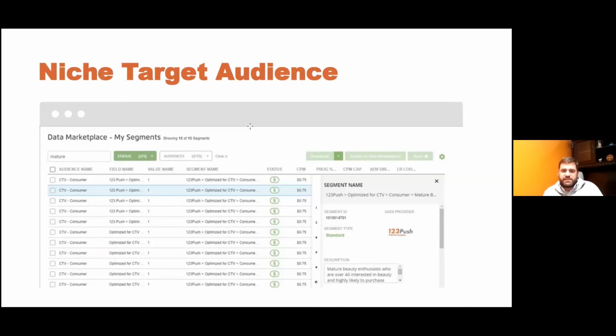The next few slides really outline a few examples of what the custom audiences look like. This one is for the target audiences around mature beauty. That's something that brands have come to us to really understand who is most relevant, who is most likely to purchase, and also we want to advertise on CTV.